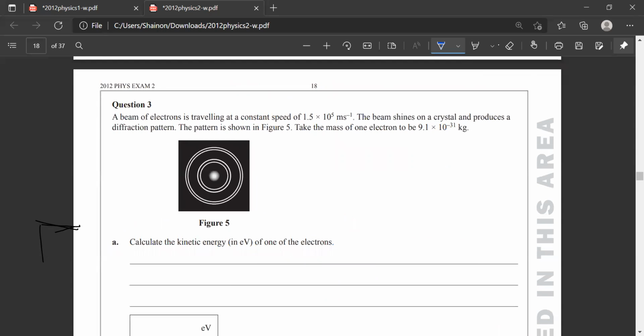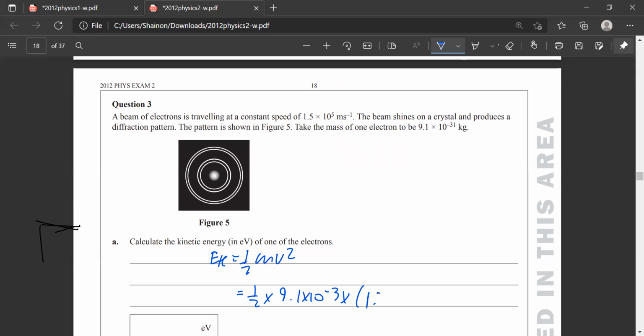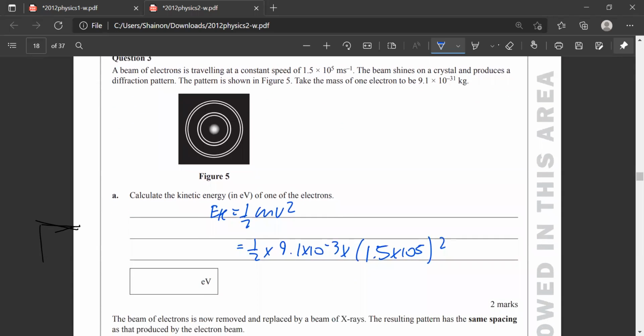Calculate the kinetic energy, it's half mv squared. It's about 5 squared, which is going to be in joules.